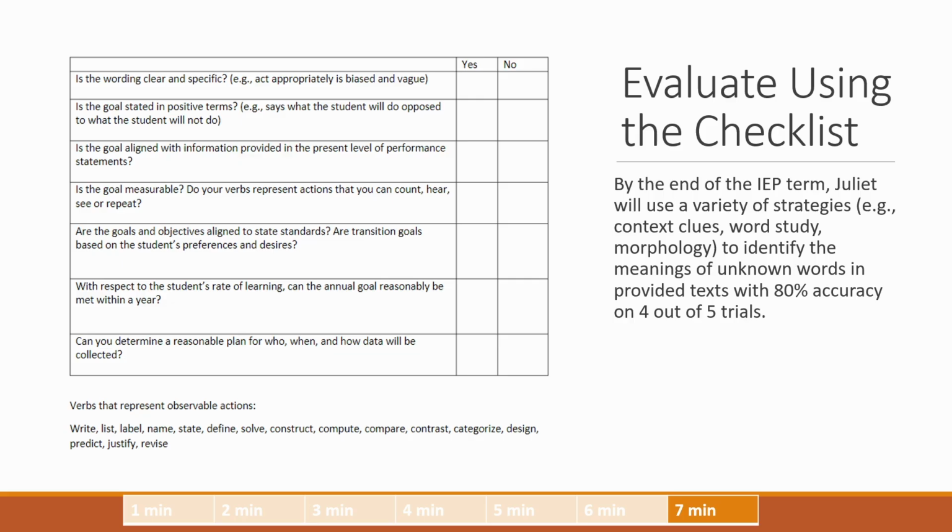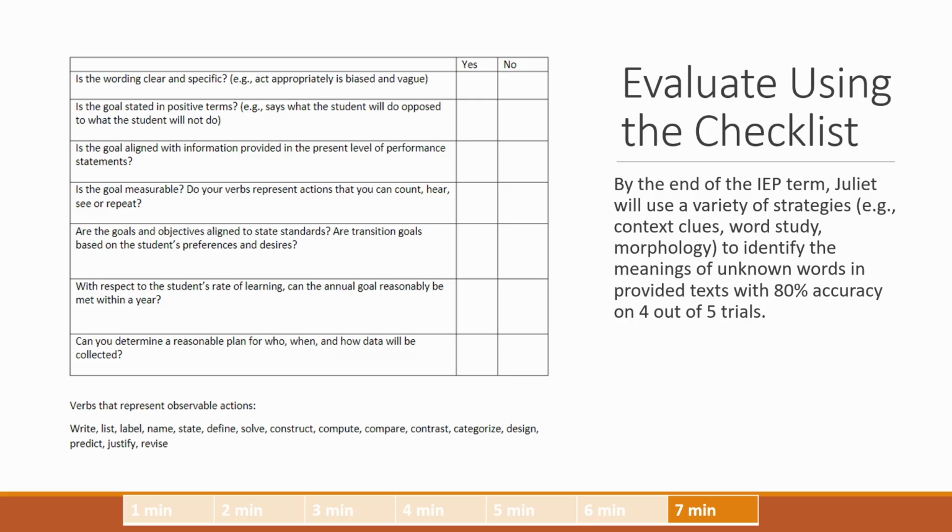Are we able to notice whether Juliet is identifying meaning of unknown words? What would we be looking for there? Would it be maybe more precise to say, state the definition, match the word to its definition, select the definition from context clues on a multiple choice task?